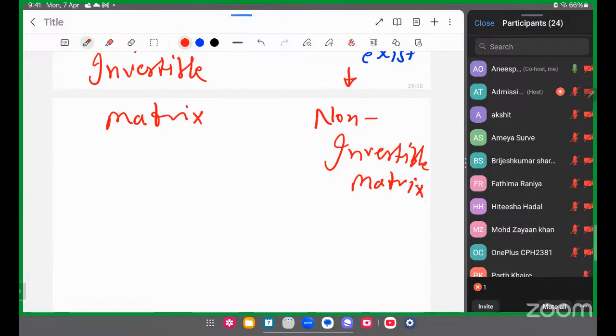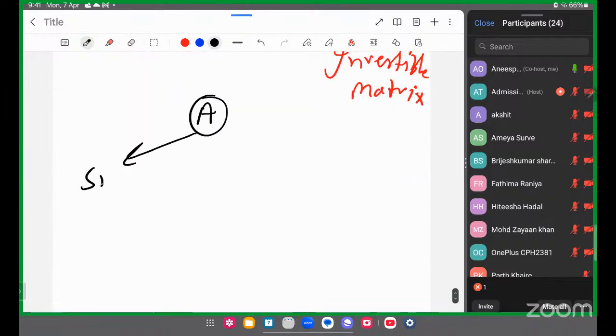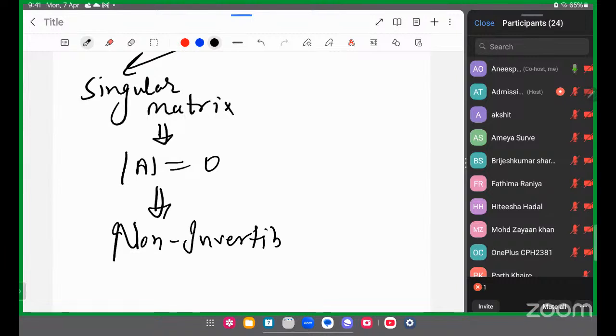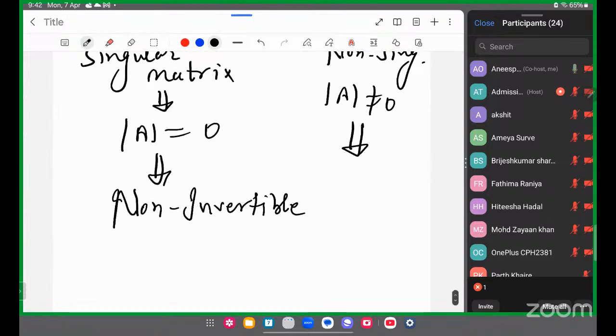In other words, if A is a singular matrix, then its determinant will be 0, which means it will be non-invertible. Another case is if it is non-singular, then the determinant will be non-zero and its inverse will exist, and this will be known as an invertible matrix.